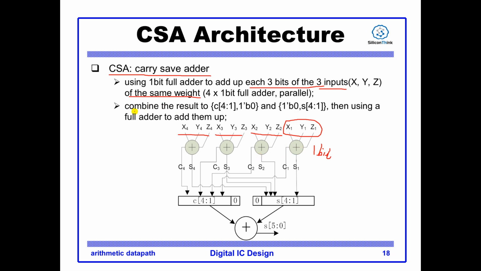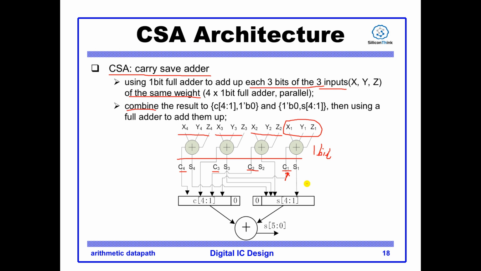Then you combine the results into two numbers. You can combine C in this format, as C has higher weight.